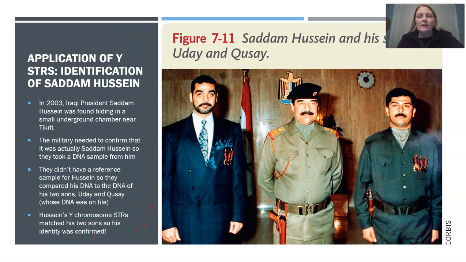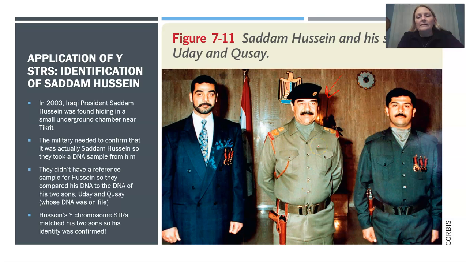Okay, now here's some awful people. I don't know any other way to say it, but this guy here is Saddam Hussein, and here are 2 of his sons, Uday and Qusay.